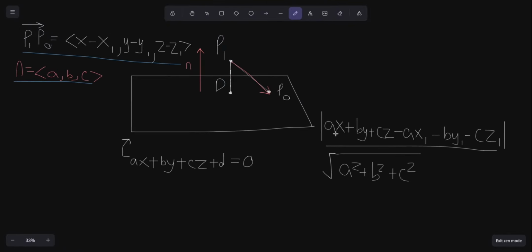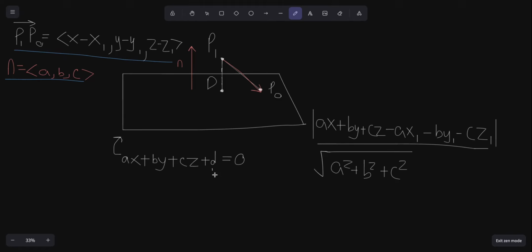Now, what is ax plus by plus cz? Well, that stems from the equation of our plane. And if we move the d to the other side, we get ax plus by plus cz is equal to negative d. Meaning that we can actually use this equation right over here and substitute negative d in for ax plus by plus cz. So let's actually do that. So we get negative d.